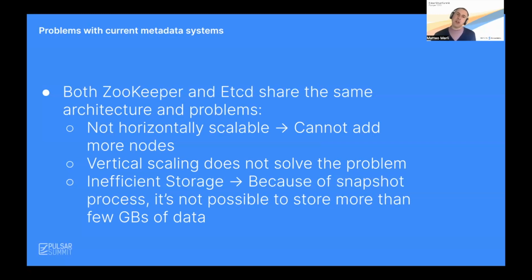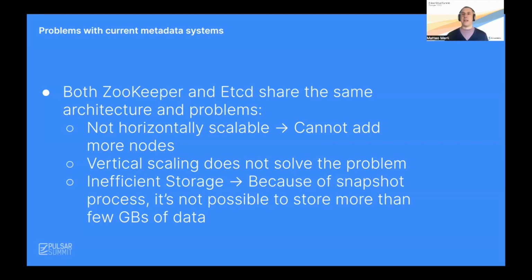And more so, both of these systems are quite inefficient at storing a large amount of data. The main reason is that they're using the concept of a snapshot. Both ZooKeeper and etcd will have a transaction log and a snapshot. Every X amount of transactions, they will have to dump the entire data set into a new snapshot.